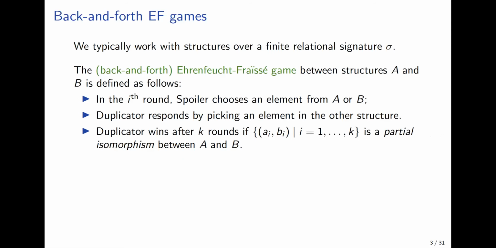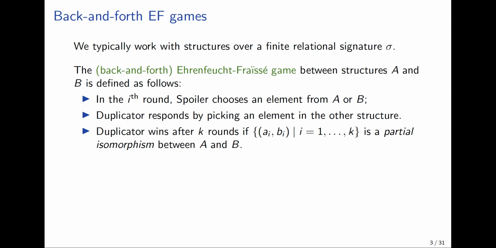So I'd like to recall one notion of game, the back-and-forth game, and this will be a sort of running example throughout the talk. So typically we work with structures over a finite relational signature, so there are no function symbols, no constants. You could add the constants if you wanted to, essentially with some caveats, but for the sake of simplicity, I'll just work with purely relational signatures.